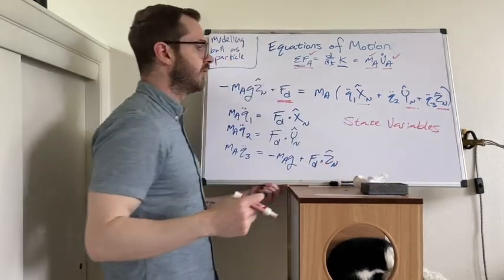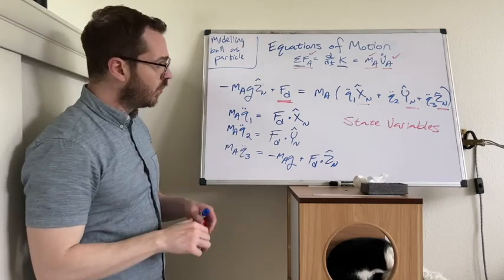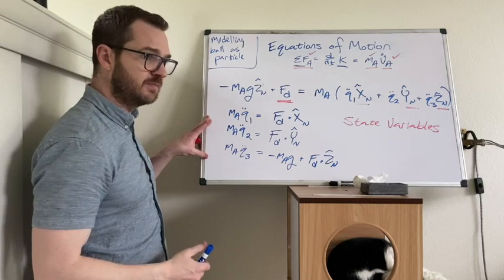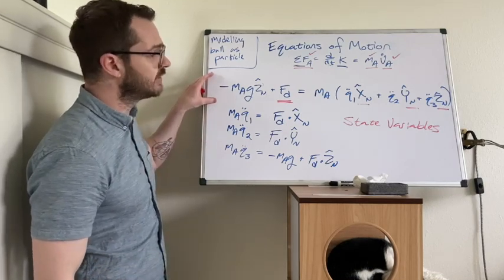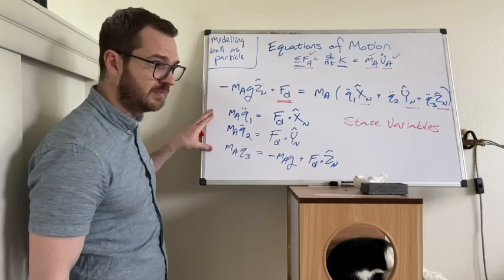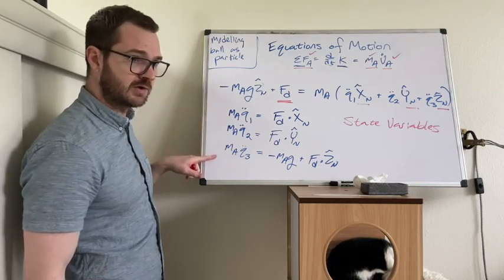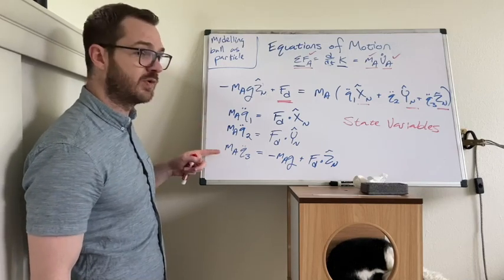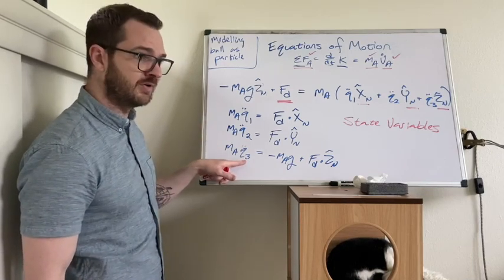Okay, state variables. Now, the purpose of putting things into state variables: you have your original vector differential equation. We wrote that as a system of second order differential equations. There are 1, 2, 3 second order differential equations. Each one of these is second order because, again, look at the double dot.